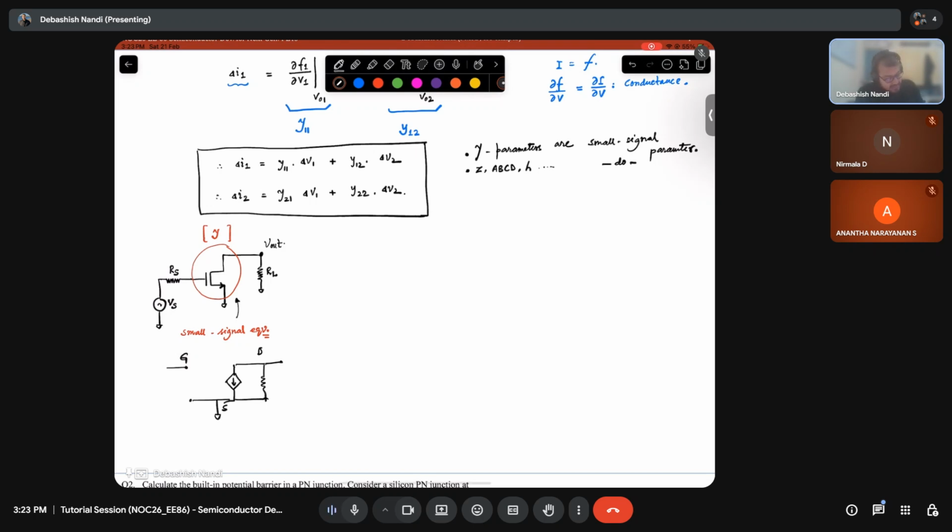So basically this is how I draw it conveniently. I keep my MOSFET symbol, I ground my source, I add my R0 between drain and source, and this is my V. If this is my V, this current is my gmV.